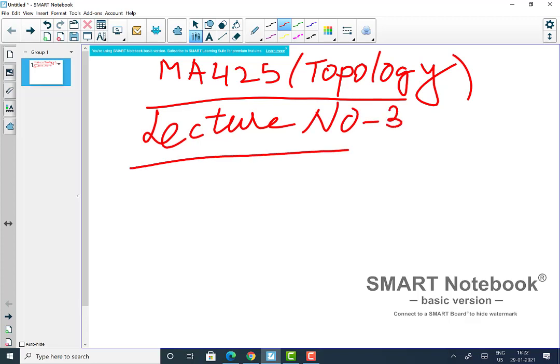Now recall in our last lecture we learned about the base of a topology and the topology generated by a given base, right? What was the equivalent form? Given a collection which satisfies some condition, which is called a base, how do we generate the topology?